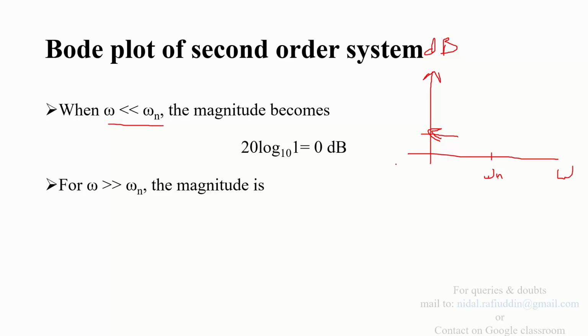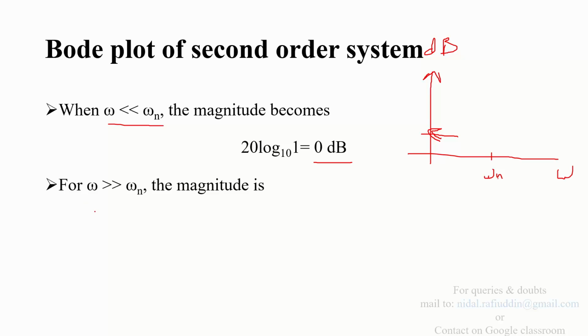The plot on the left of omega n will have a straight line with slope 0 dB per decade.